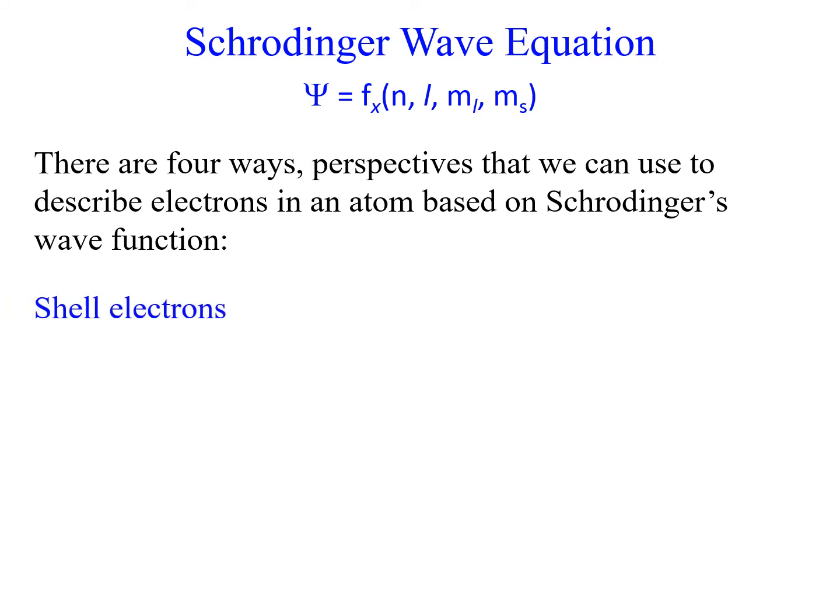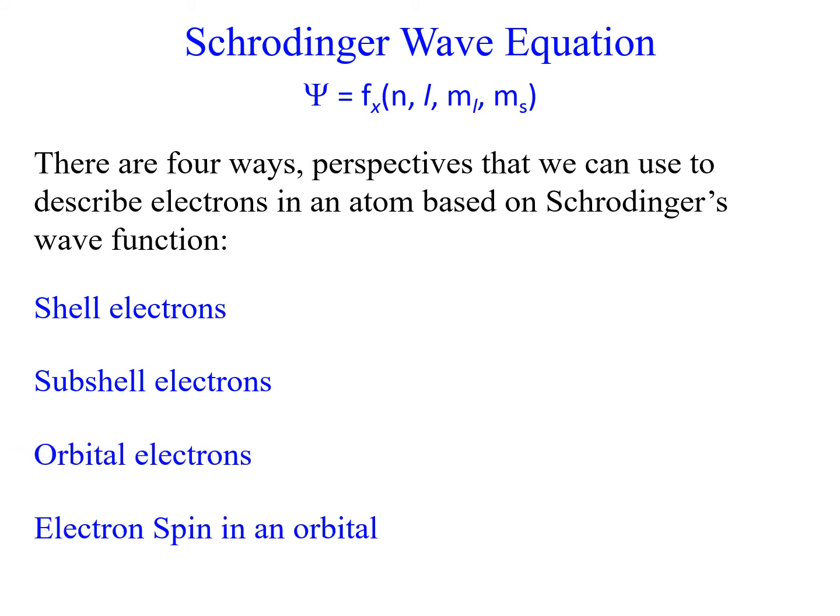We can think of electrons as shell electrons, as subshell electrons, as electrons in orbitals, or we can think of the electron spin within an orbital. So shell electrons, subshell electrons, orbital electrons, and spin are 4 things that I'm going to describe coming up. But I wanted you to see these terms before we started describing what they were.